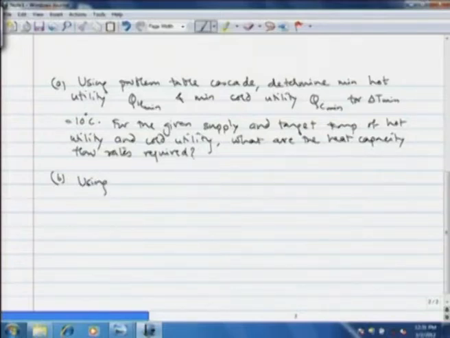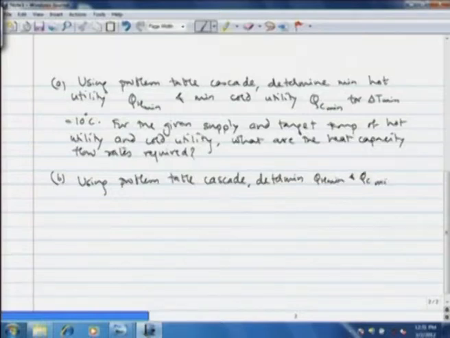So same thing, using problem table cascade, determine QH min and QC min for delta T min of 20 degrees centigrade, and again here we have to calculate the heat capacity flow rates. Calculate the required heat capacity flow rates of the two utilities.